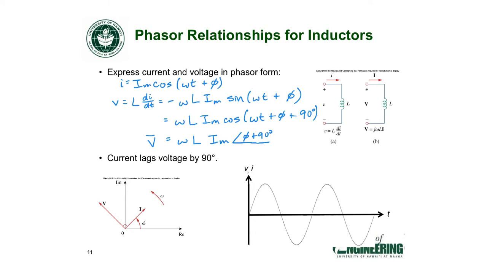I can get rid of that extra angle of 90 degrees because I can use that e to the j 90 degrees is going to be j, and from that, my voltage phasor is going to be j omega L times my current phasor.